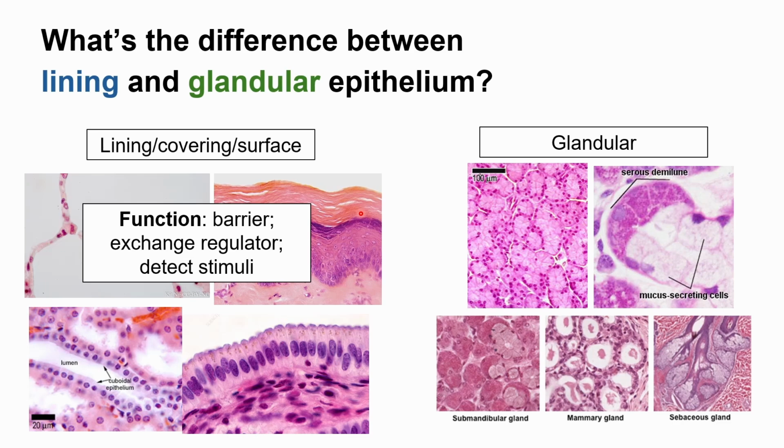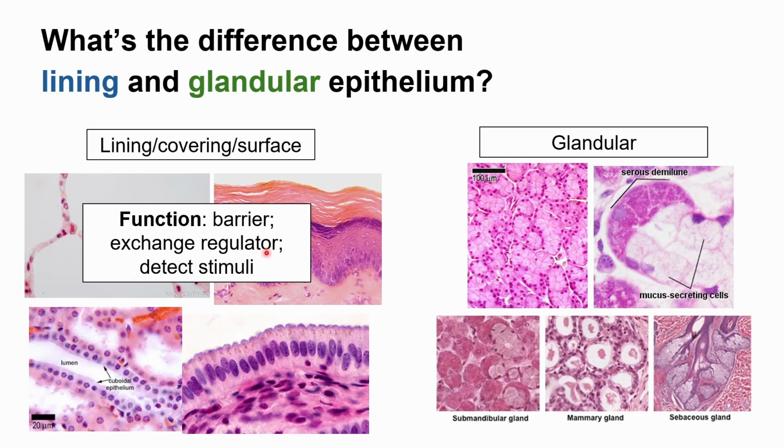Because if there is a lumen, a space, almost always there will be a lining epithelium covering the organ or separating the connective tissue or other type of tissue from the outside area. Okay, so it basically serves as a barrier. It prevents outside stimuli, chemicals, whatever, from entering the inner parts of other tissues or organs.